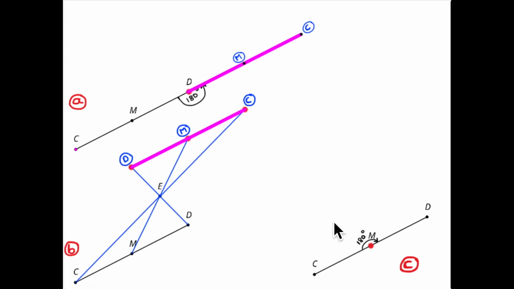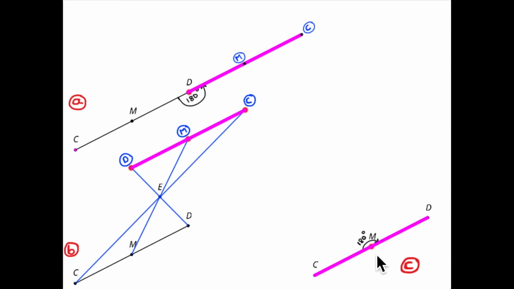And for part C, it's just going to land right on top of itself because the center of rotation is at the midpoint of the line segment. So C is going to rotate 180 degrees over to the position of D, and so you can find C prime by drawing a straight line through the center of rotation and an equal distance on the other side.